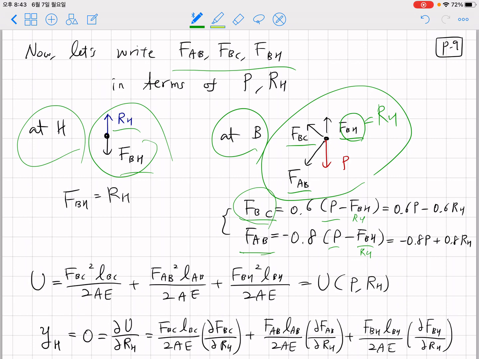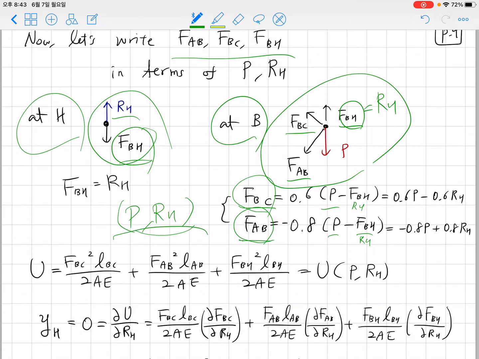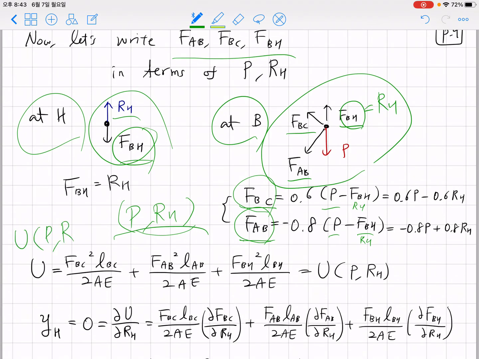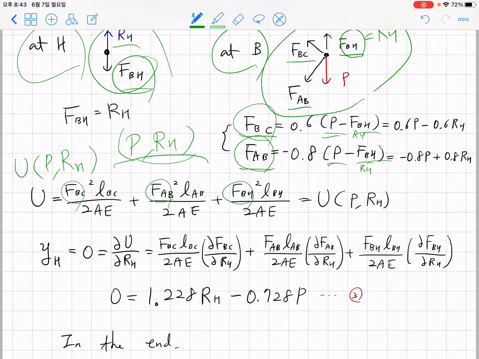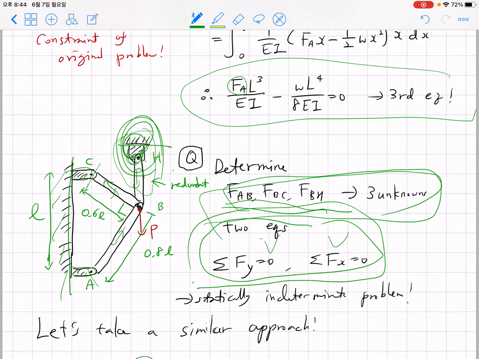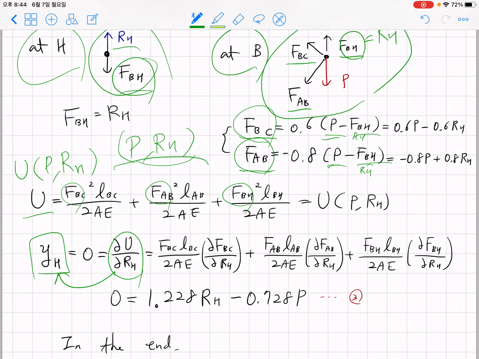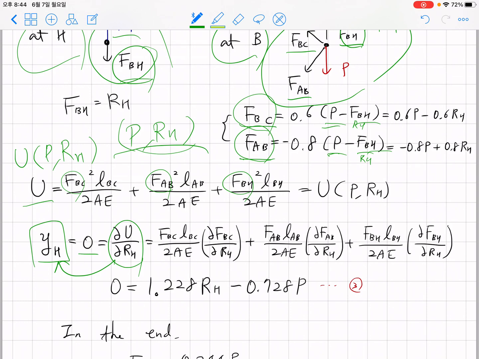After obtaining FBC, FAB, and FBH in terms of P and RH, you can write down U as a function of P and RH. Okay, so let's do that. If you plug in FBC, FAB, FBH in terms of P and RH, then as I told you, after obtaining U, if you take partial U over partial RH, it physically means the deflection along the vertical direction at point H, and point H is exactly the point which is adhered to the rigid structure, so this deflection should be 0.